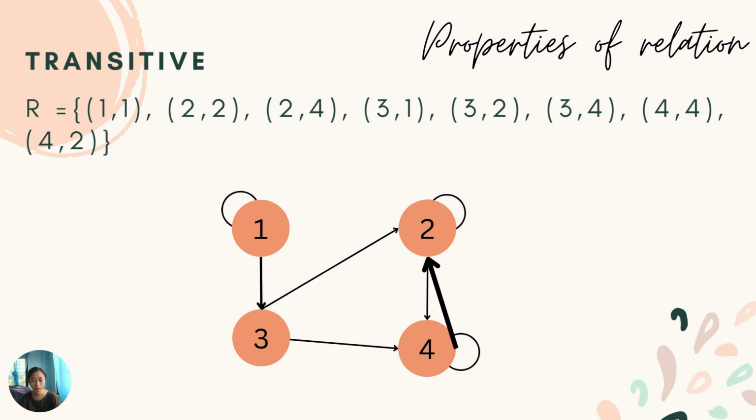As you can see from the figure, makikita na A to B, B to C, A to C. Yan, 3 to 2, 2 to 4, 3 to 4. So again, look at the arrows.